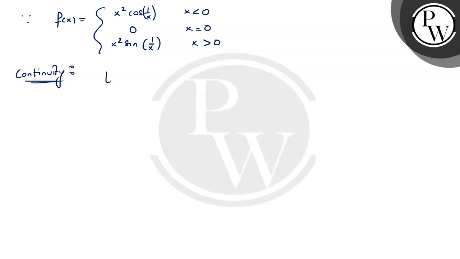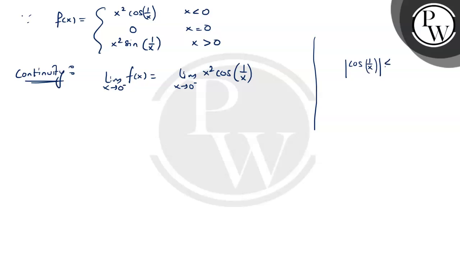So we have limit x tends to 0 minus of f of x is equal to limit x tends to 0 minus of x squared times cos of 1 divided by x. Now to evaluate this limit, understand that mod of cos of 1 by x is less than equal to 1, which implies cos of 1 divided by x is lying between minus 1 and 1.